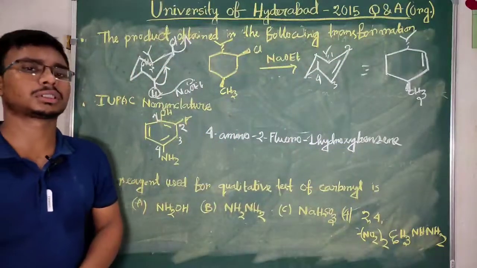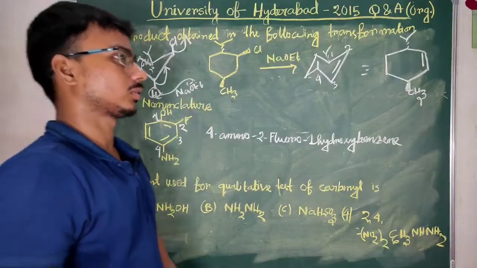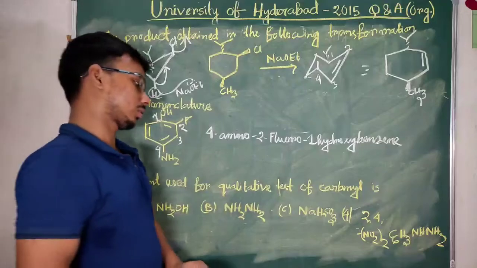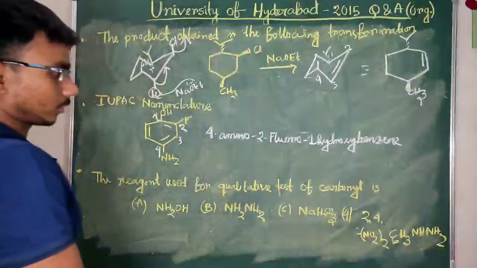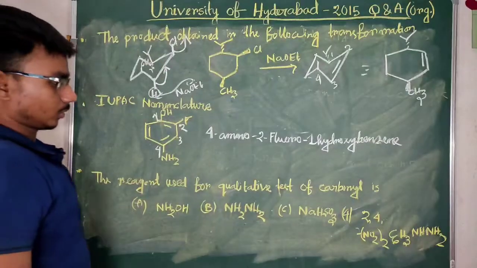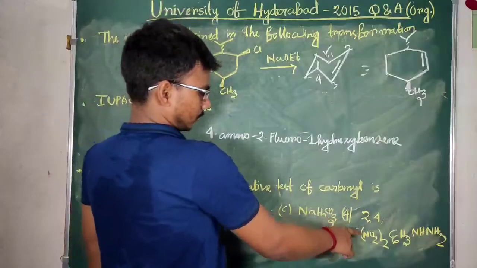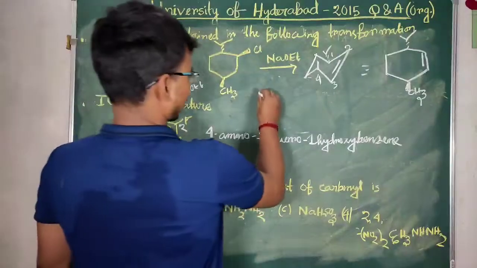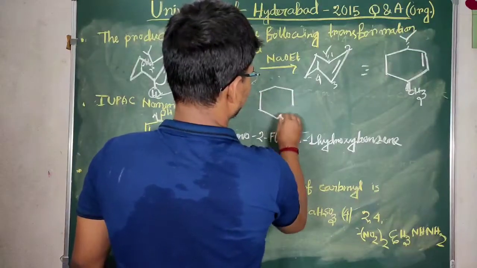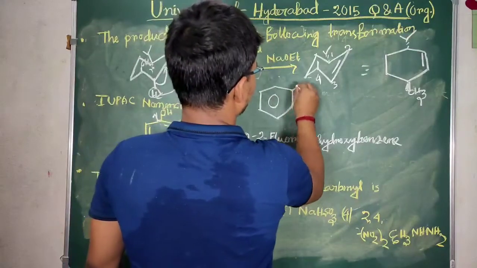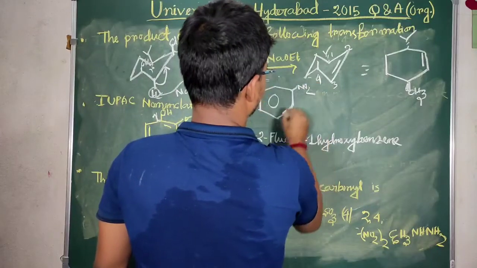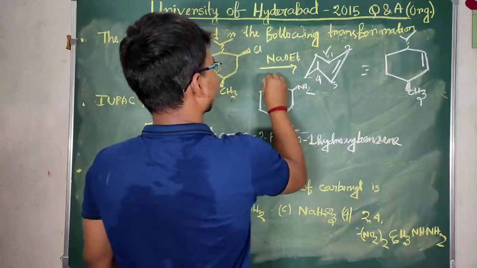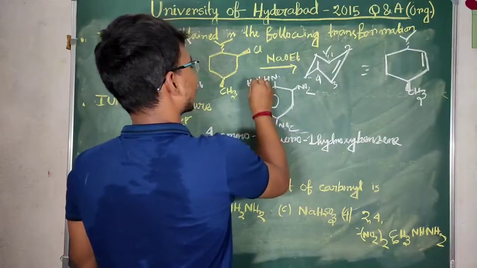It may be Tollens or Fehling solution. Here Tollens and Fehling solution are not given. This compound seems like some other compound, no? Like this, 2 NO2 groups, one is ortho and one is para, along with a hydrazine group.